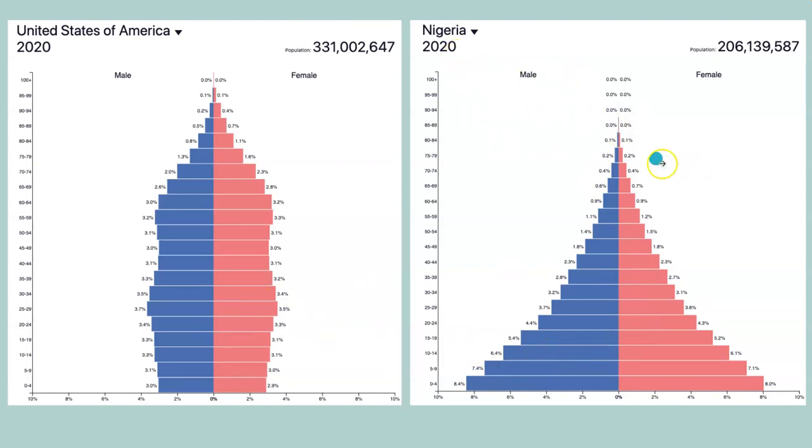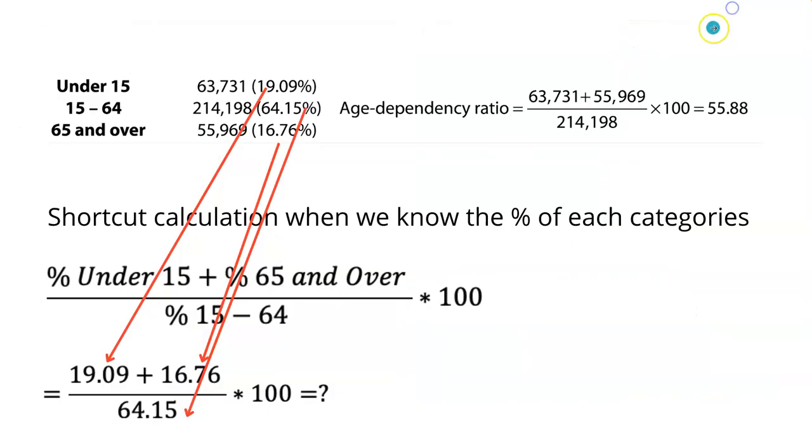However, Nigeria would be very thin in the proportion of the older generation because of the development level, the economic growth, the public policy and the aging level. So by comparing the population pyramids, we can compare the proportion of age groups by gender by country. Again, this is the equation to calculate the age dependency ratio, and you can easily plug those numbers into the calculation.